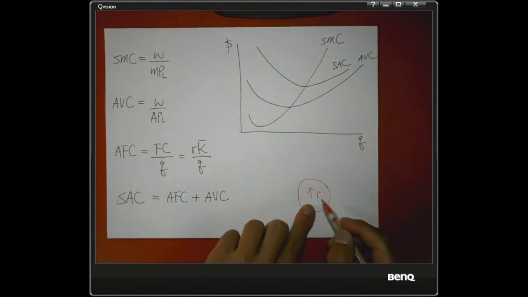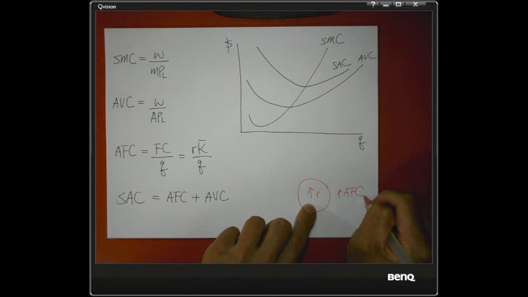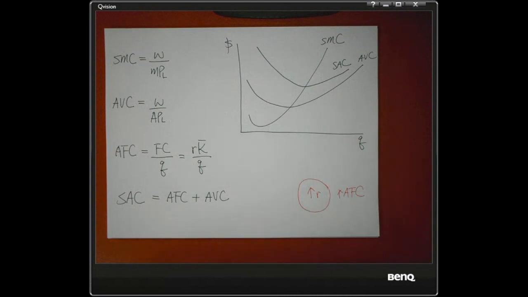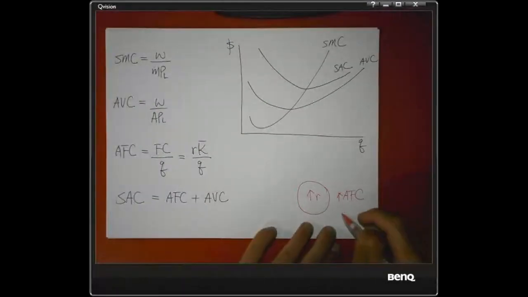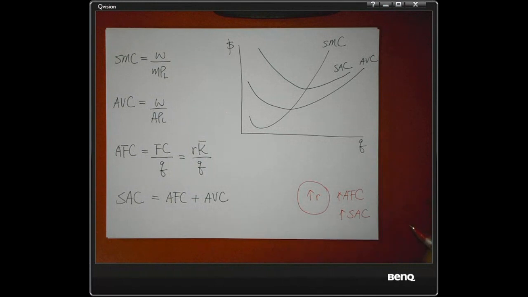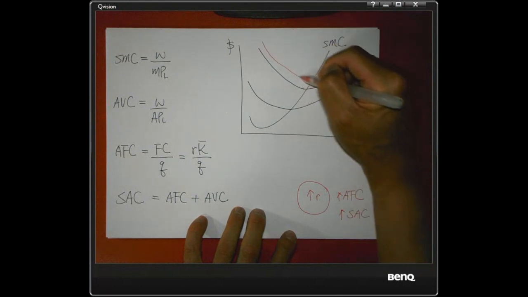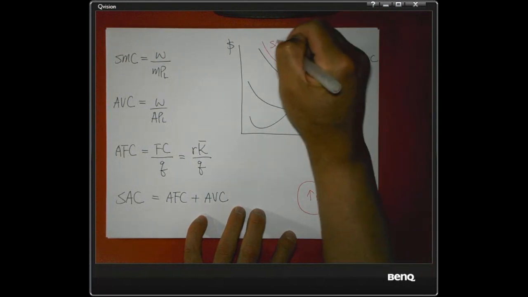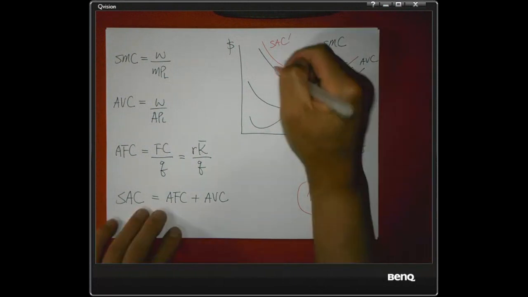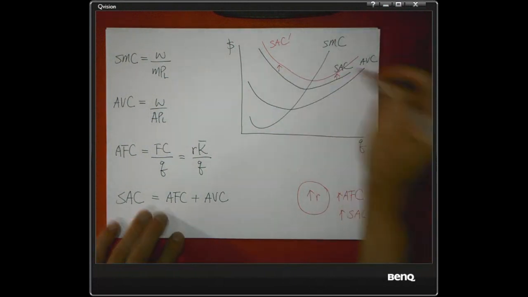And therefore, increasing the cost of capital per unit is going to increase the average fixed cost. Increasing the average fixed cost is going to increase the short-run average cost. In other words, increasing R will only increase the short-run average cost. That's it.